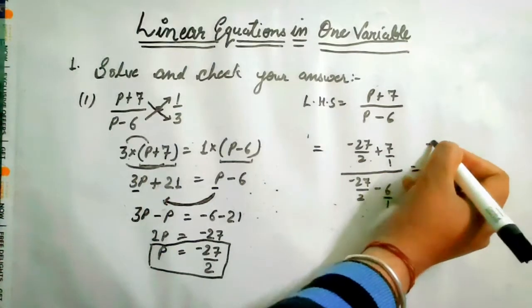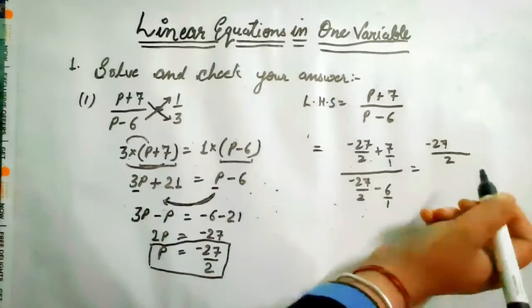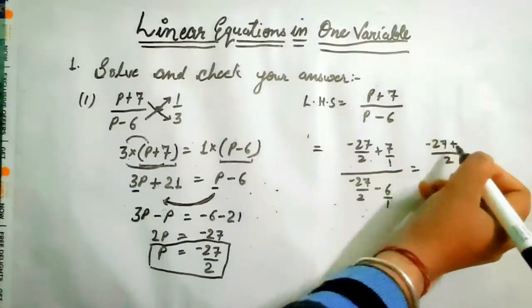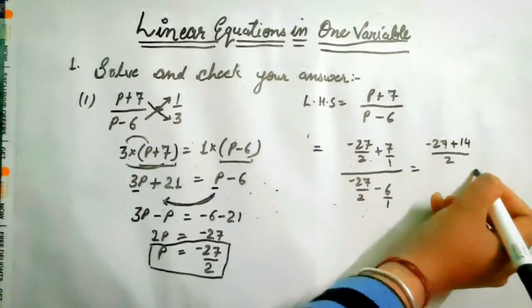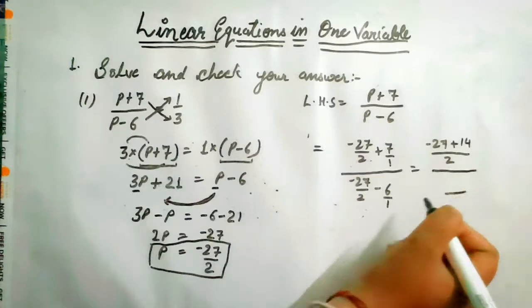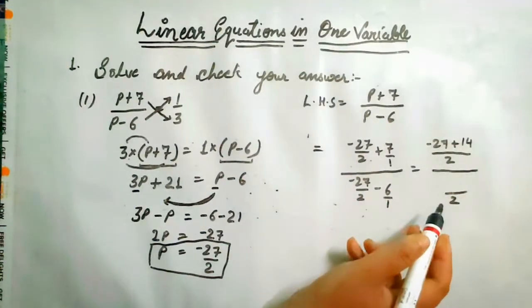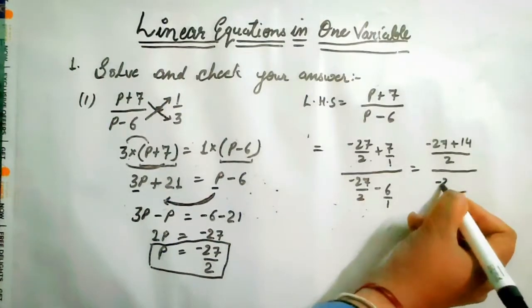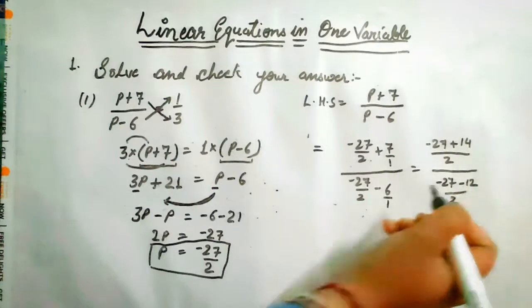So minus 27 as it is, because 2 1s are 2 and 1 into 27 as it is, plus 1 2s are 2 and 2 7s are 14, whole divided by, again LCM is 2 and 2 1s are 2, so 1 27s are minus 27 and 6 2s are minus 12.